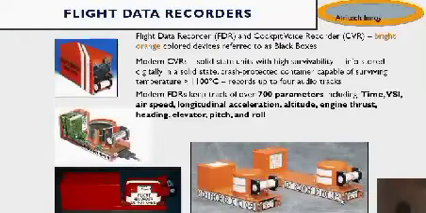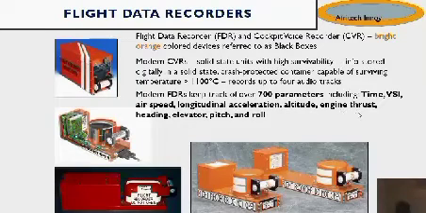Modern FDRs keep track of over 700 parameters, including time, vertical speed indicator VSI, airspeed, longitudinal acceleration, altitude, engine thrust, heading, elevator, pitch, and roll.